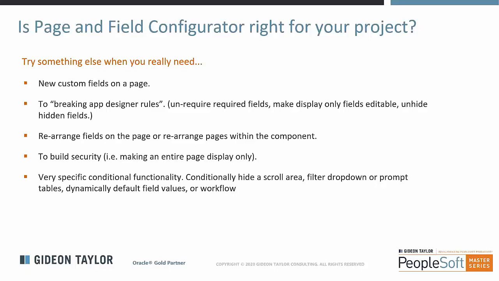So this is a good time to point out that at the client university, the undergraduate arts and sciences college thought Page and Field Configurator was a great tool for them because they have the most diverse group of departments, and they wanted to retain as much of the native functionality in the course catalog and schedule of classes as delivered.